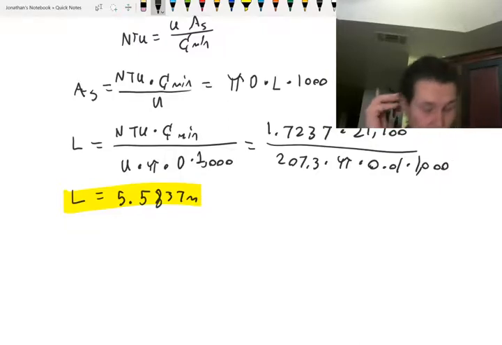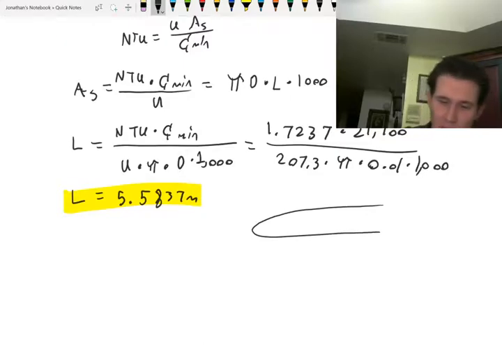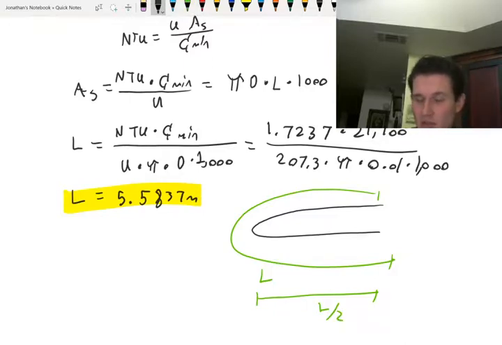Now, it's important to remember, actually let's do one more thing first. So we have our pipe going through our heat exchanger. It looks like that. RL is going like this. That's L. We're going to want L over 2. It tells us how long this heat exchanger is going to be.